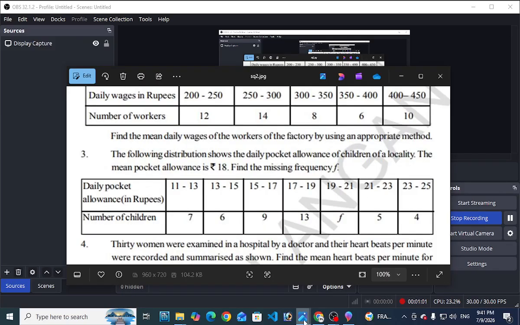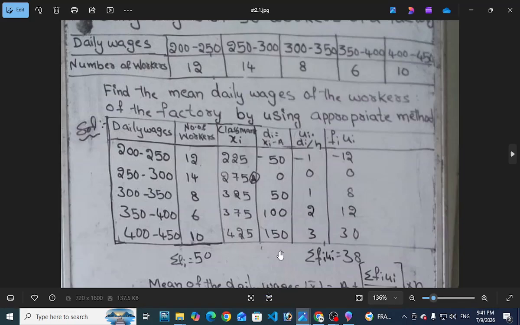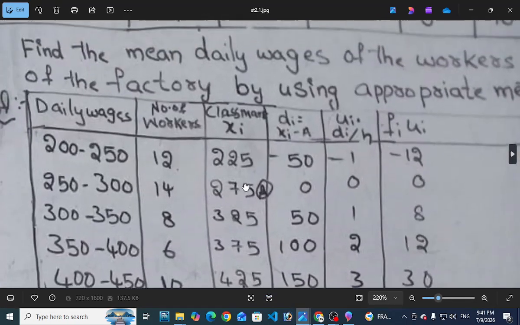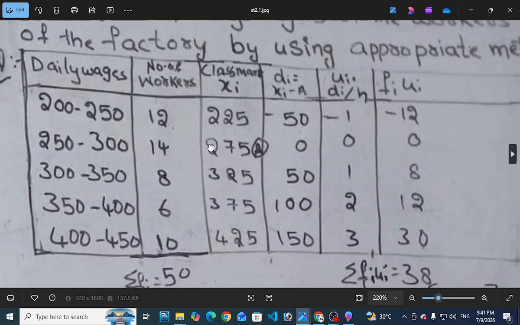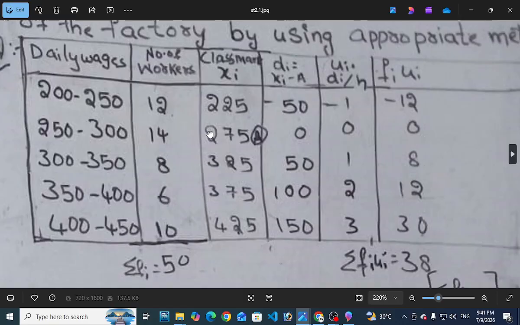This is the question. To that question, here we have the solution. Please check it. Here, the data we are writing in tabular form, especially a distribution table form. While using the distribution table, here we have data in large size.